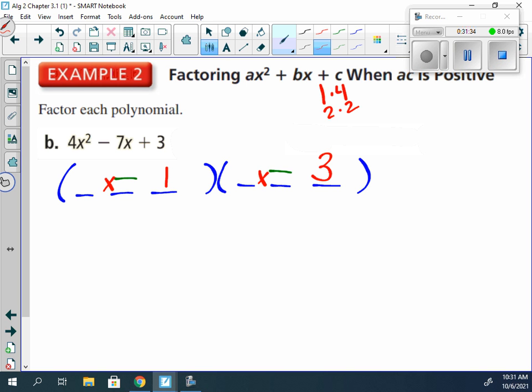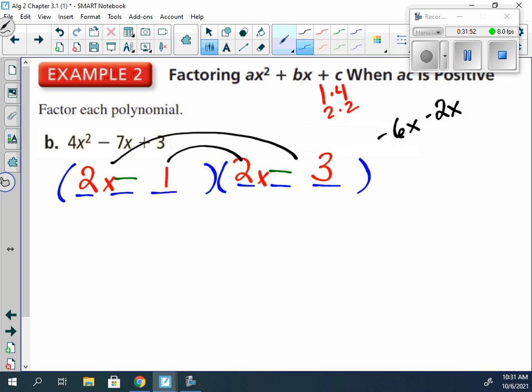Which one do we want to try first? 2 and 2. Two x times negative 3 is 6x. Negative 1 times 2x is negative 2x, which gives us 8x.